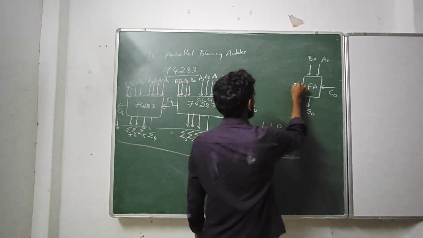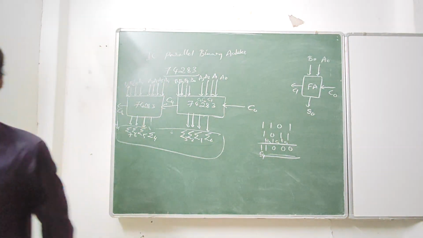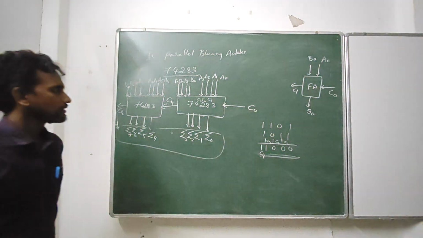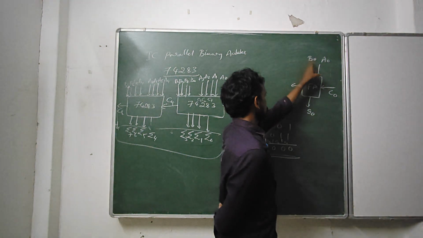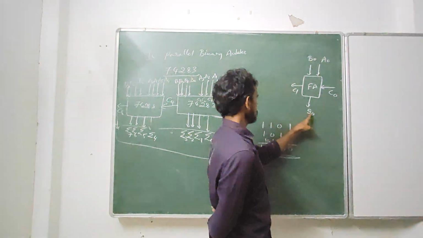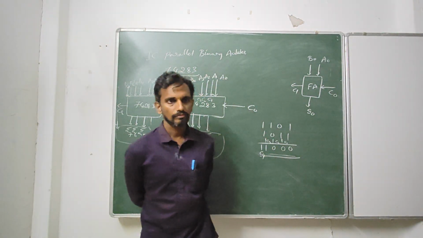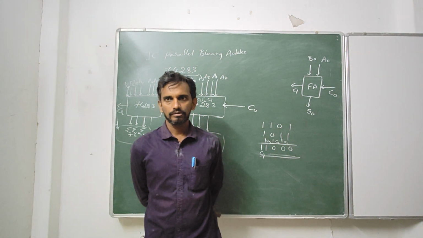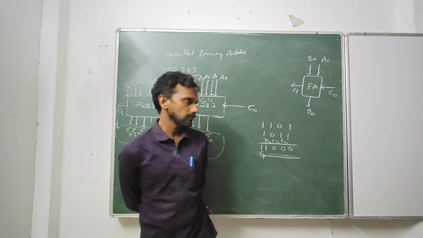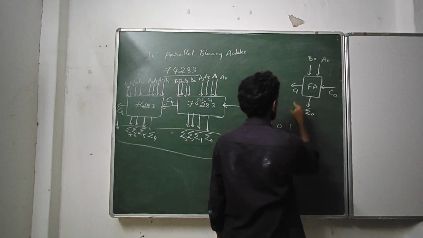Output is C1. So it takes A0, B0 as inputs and C0 also as input, and it generates sum 0 and carry 1. S0, otherwise you can write it as sigma 0 and C1.